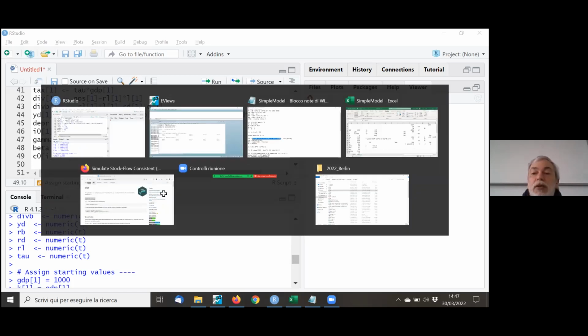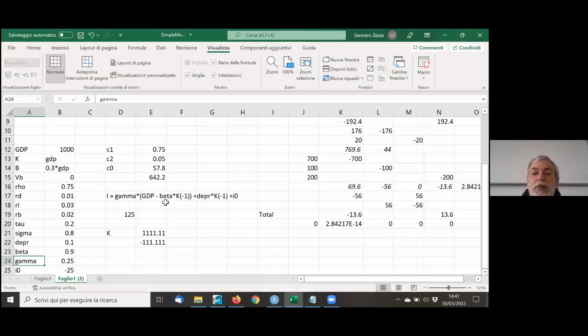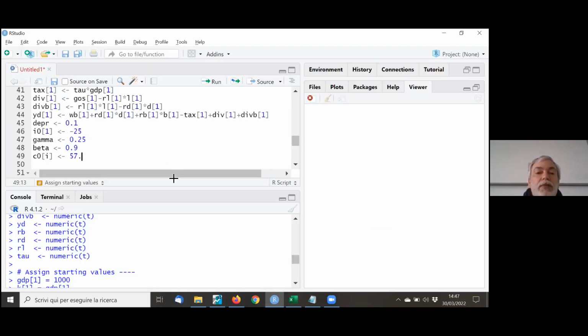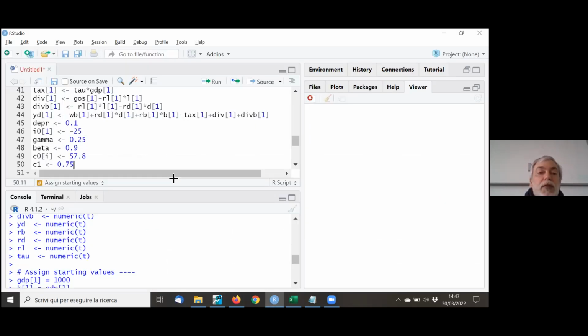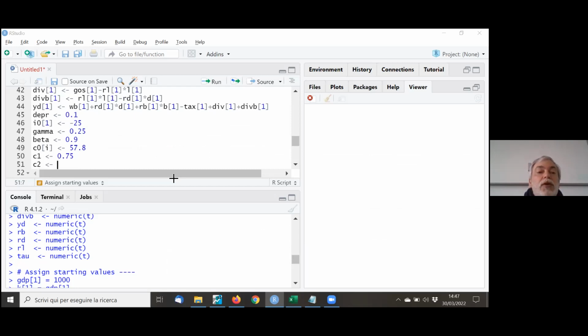And we found it should be 57.8, while C1, where fixed parameters 0.75, and C2 was 5%.